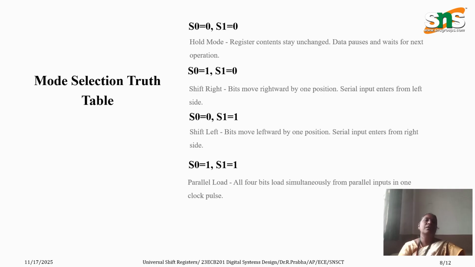That is, the bits are moved rightward by one position. When S0 equals 0 and S1 equals 1, the left shift operation takes place. That is, the data moves leftward by one bit position. And when both the selection lines are high, that is equal to 1, the parallel load operation happens. That is, all the data bits are loaded simultaneously.